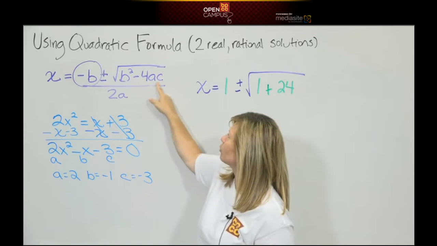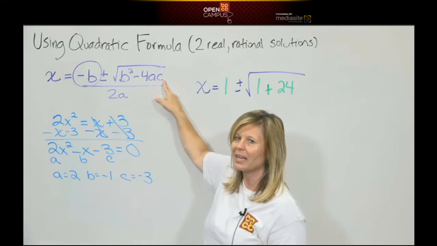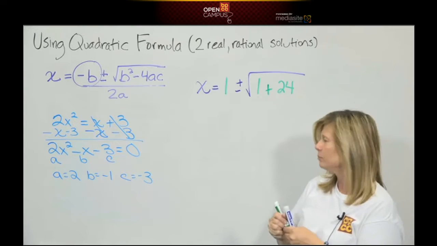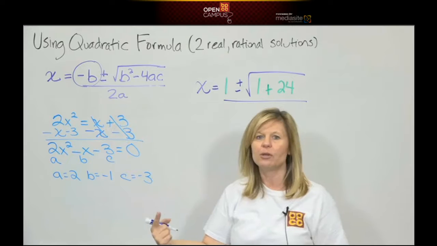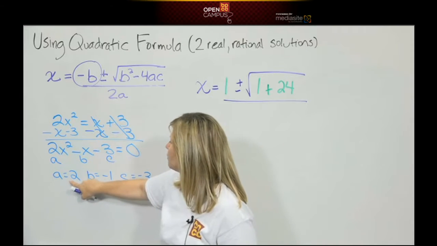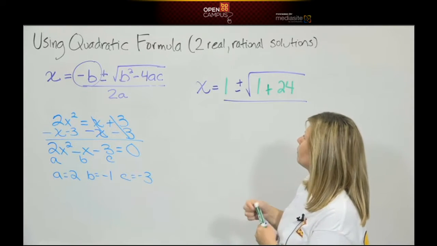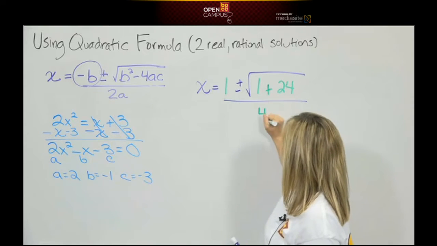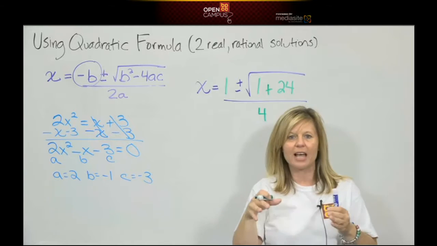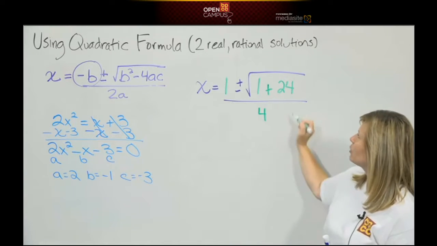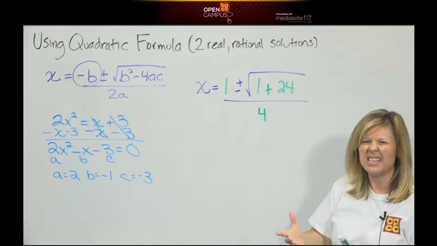You're multiplying three numbers together, so it can change to a positive. All over 2 times a. Again, I'm going to do that in my head. 2 times 2 is 4. Now, if you want to do it like the PowerPoint shows and write all the numbers in and then do the calculation, that's fine. But I like to do the calculation as I go because it's easy.